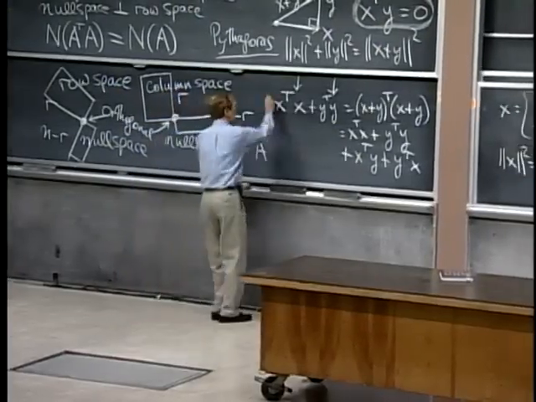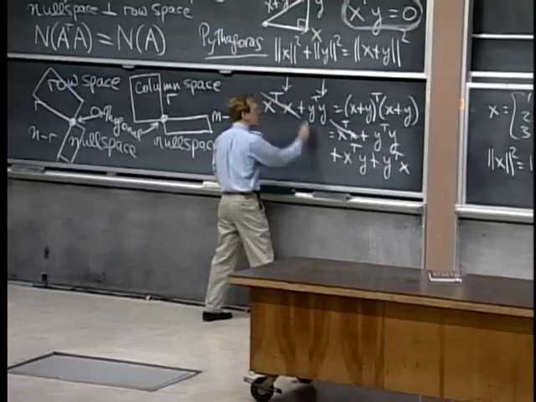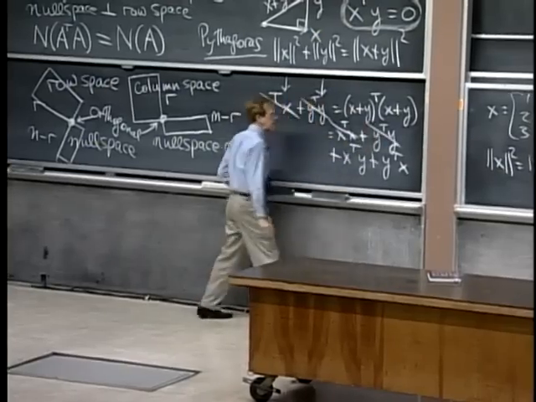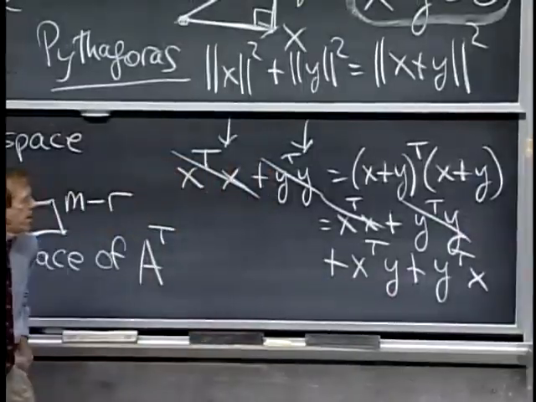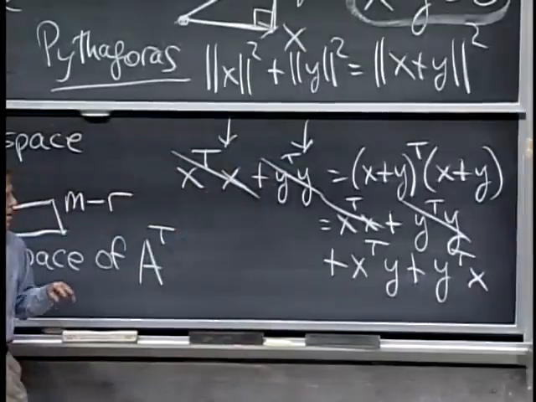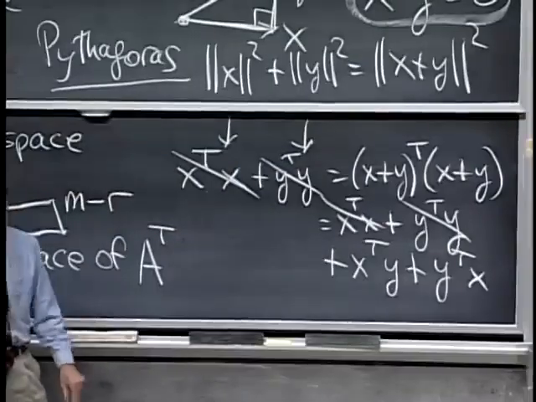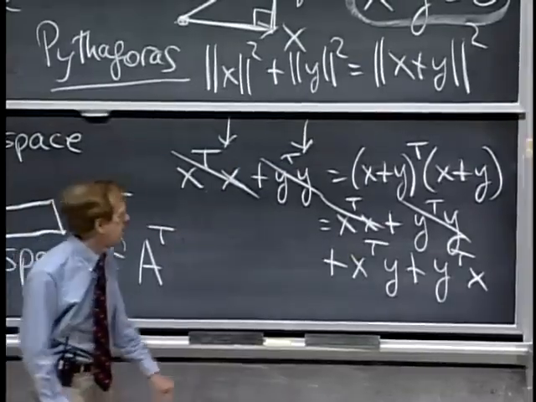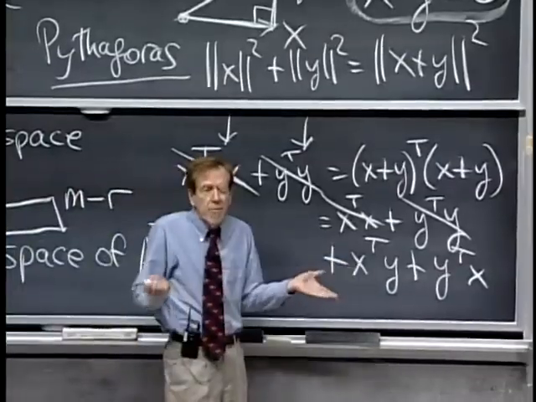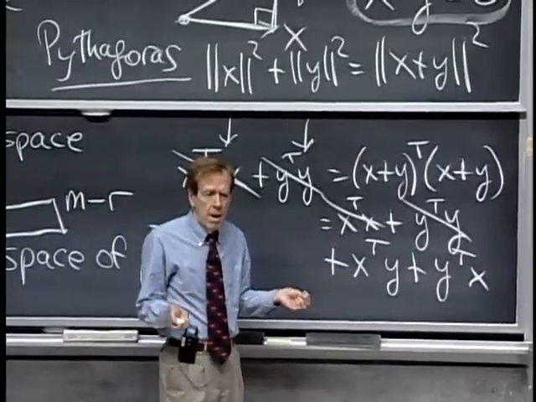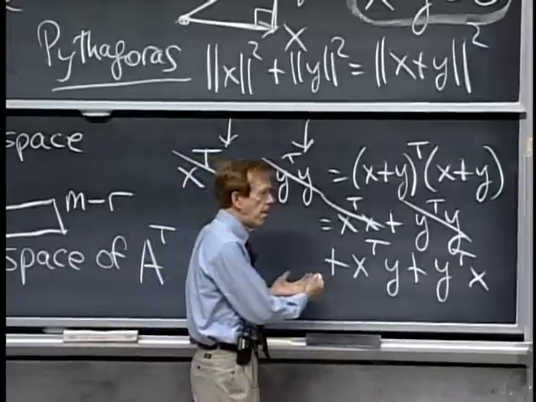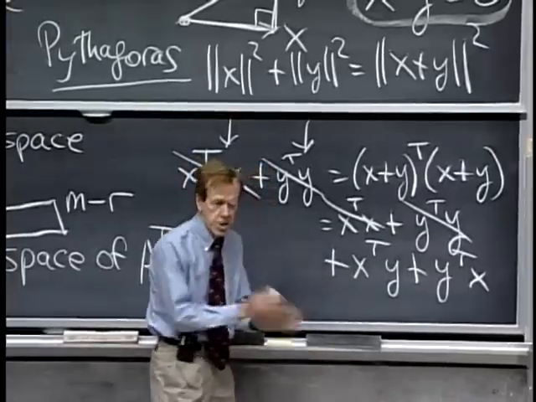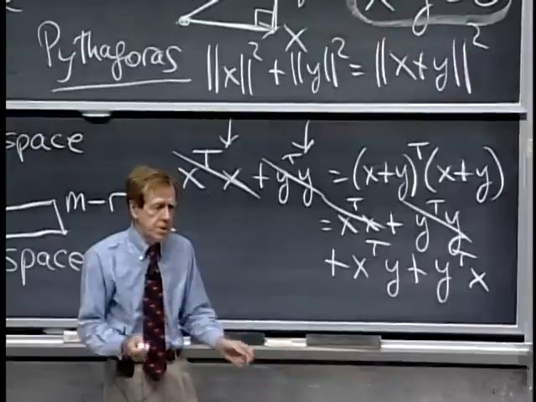Okay, so x transpose x's cancel, y transpose y's cancel. And what about these guys? What can you tell me about the inner product of x with y and the inner product of y with x? Is there a difference? I think while we're doing real vectors, which is all we're doing now, there isn't a difference.